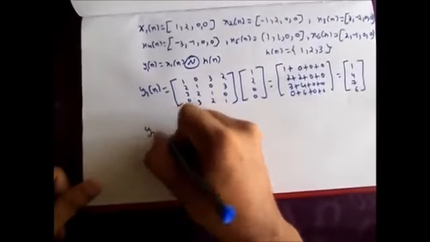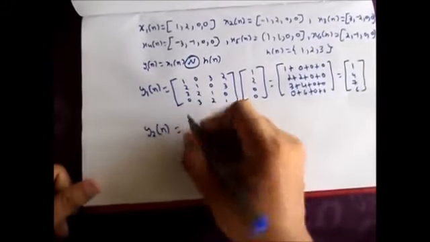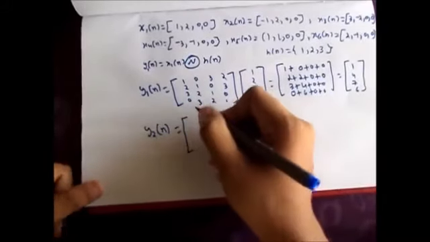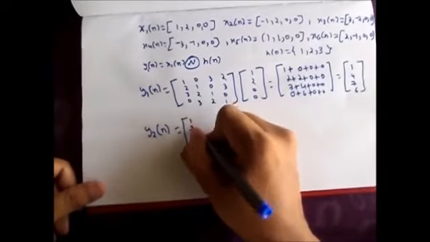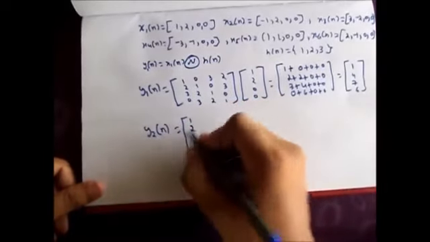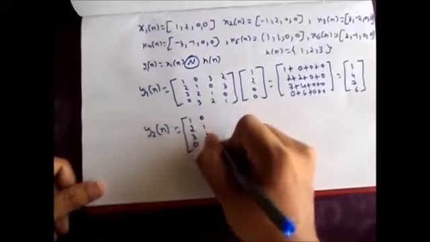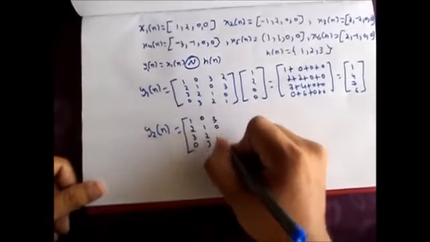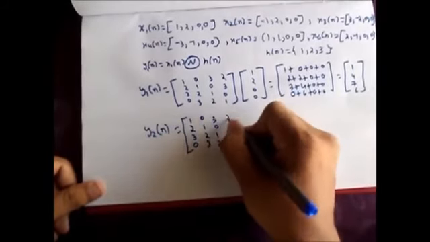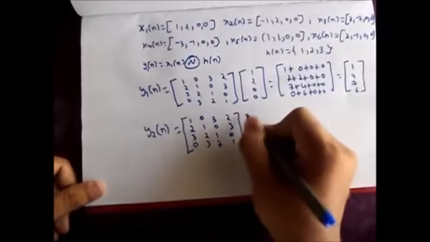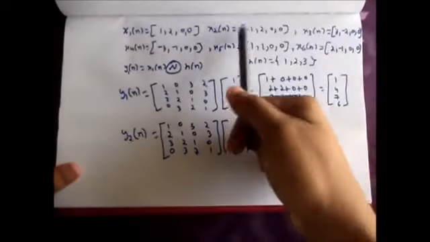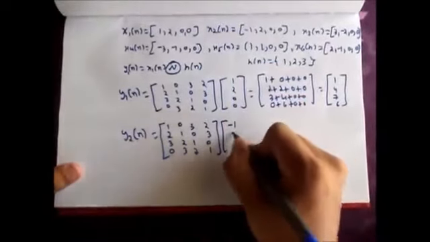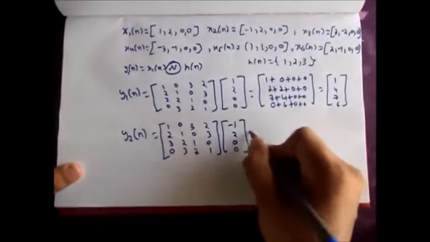Same for the second output data block. Again, we have to apply the circular shifting for the impulse response. So 1 2 3 0, 0 1 2 3, 3 0 1 2, 2 3 0 1, and we have to consider the second input data block, that is -1 2 0 0.